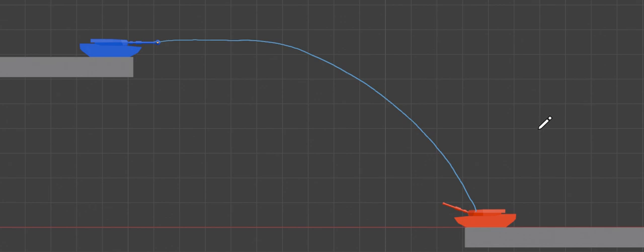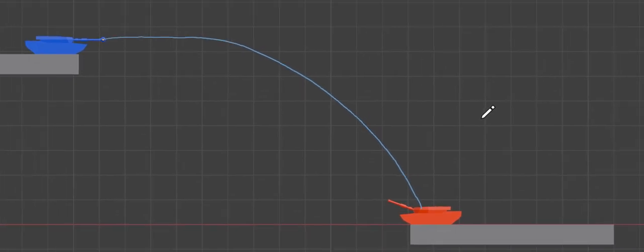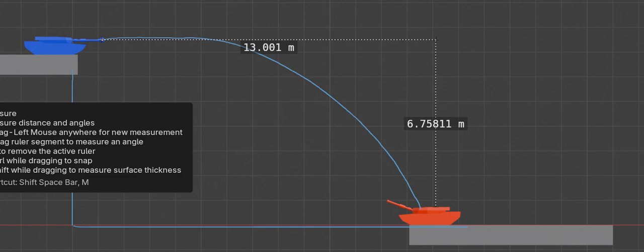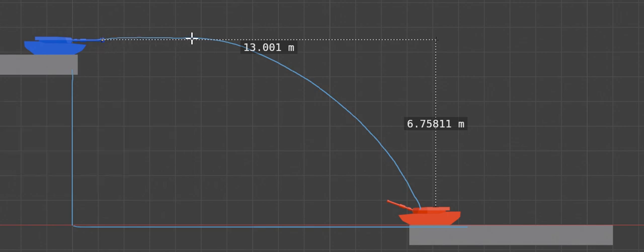So first I want to look at the projectile's location in the y direction, which is its height. I have some markers set up. Roughly, the distance between the two tanks is 13 units, at a height of 6.76 units. So when I'm looking at its position in the y location, I'm only concerned with what its height is as time goes on.